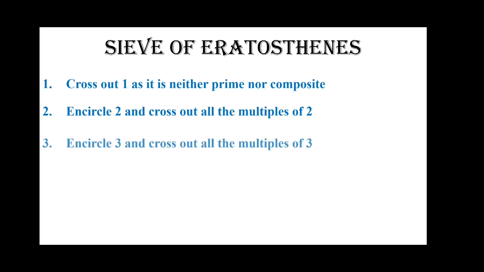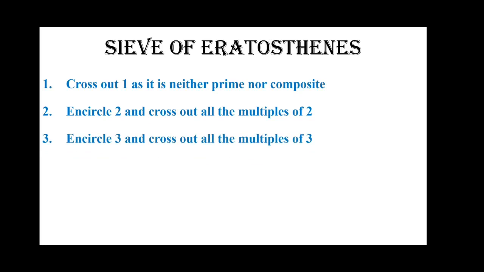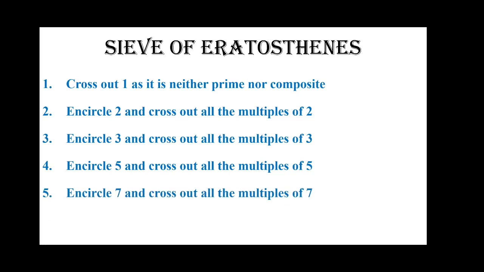Third step, circle the number 3 and cross out all the multiples of 3. Fourth one, circle the number 5 and cross out all the multiples of 5. Fifth one, circle the number 7 and cross out all the multiples of 7.